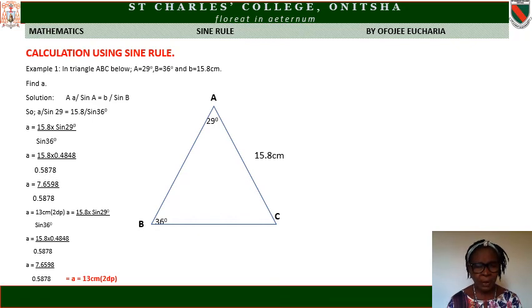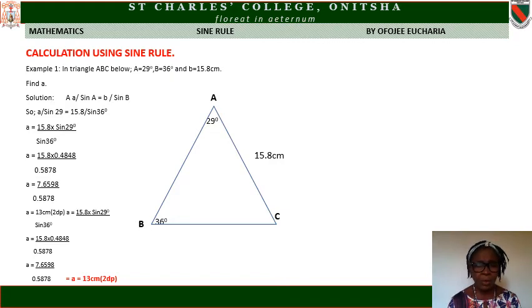If you use your calculator, you will see that sine 29 degrees is 0.4848. Also, sine 36 degrees is 0.5878. When we multiply 15.8 and 0.4848, we have 7.6598 over 0.5878.